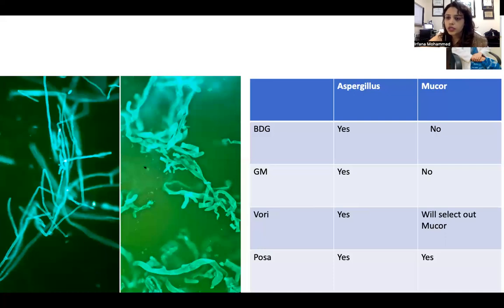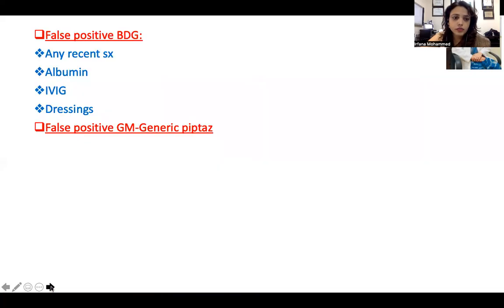So it is very difficult to decide. In that situation, you have to give either posa or isavuconazole so that it covers both Aspergillus and mucor when you have either mixed infection or when you don't know which type of infection you are treating. This situation comes in our day-to-day practice frequently.